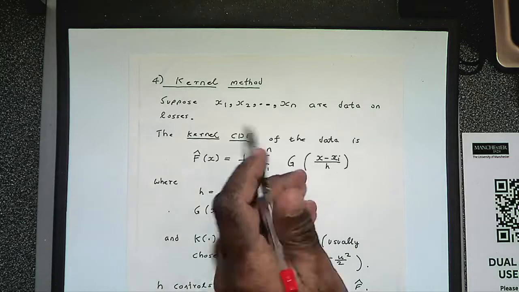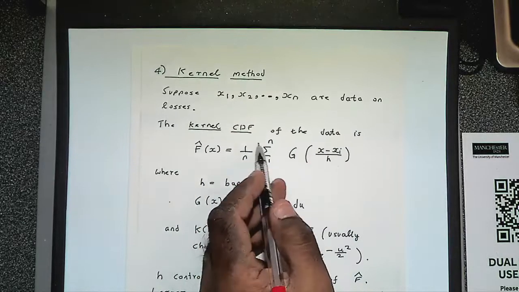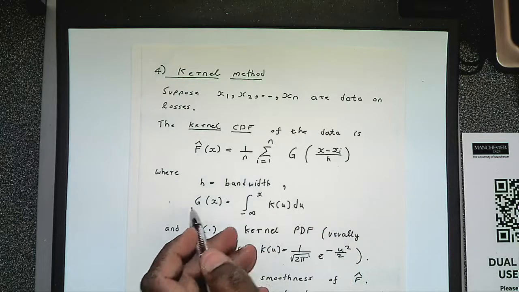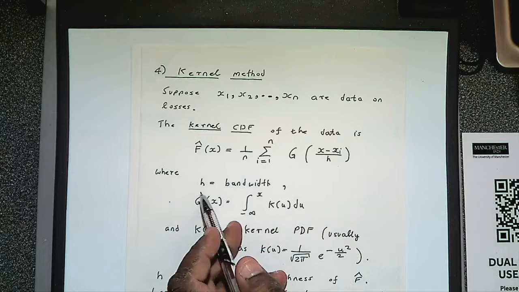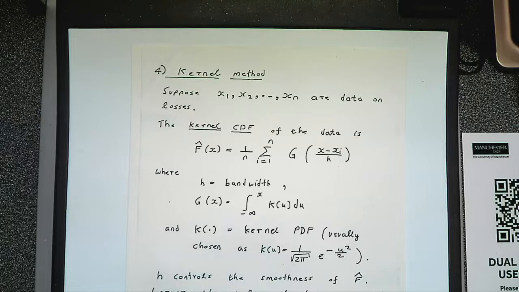All right. Suppose you have the data on losses. The kernel CDF is defined by this, where H is known as the bandwidth, G is given by this, and K is known as the kernel PDF. Usually it is taken to be the PDF of the standard normal distribution.